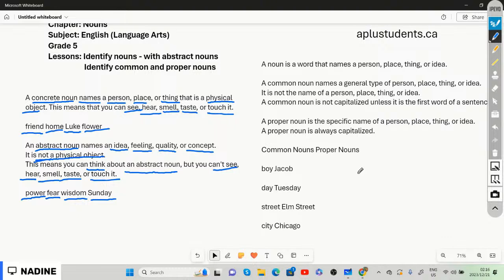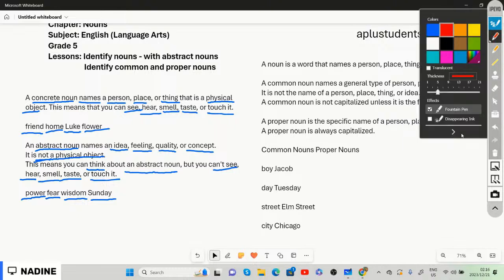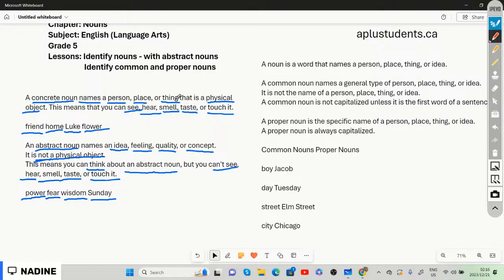So basically, a noun names a person, a place, a thing, or an idea. So it's basically a word that names a person, a place, a thing, or an idea, right? So with nouns, we have common nouns and then we have proper nouns.